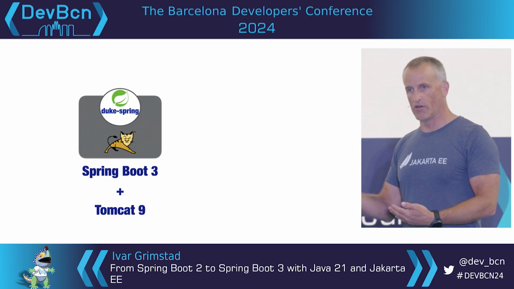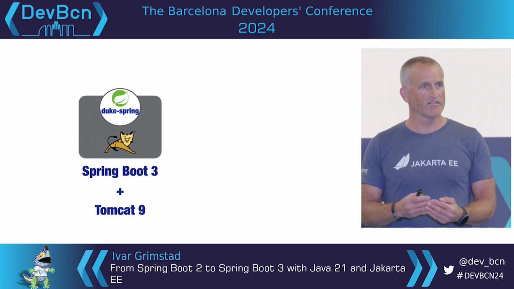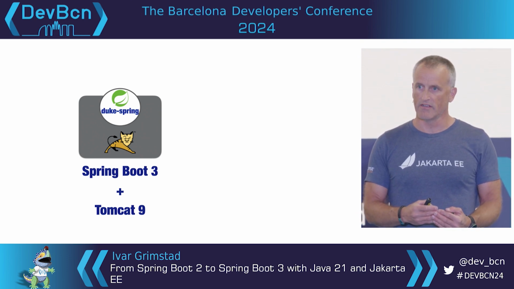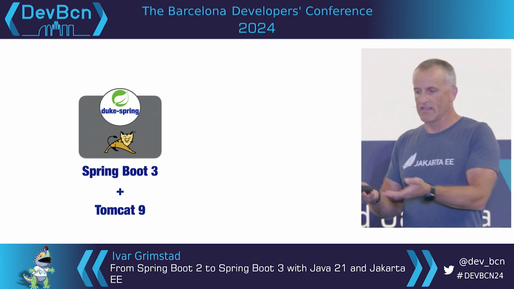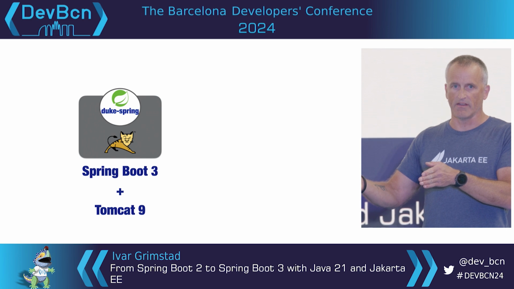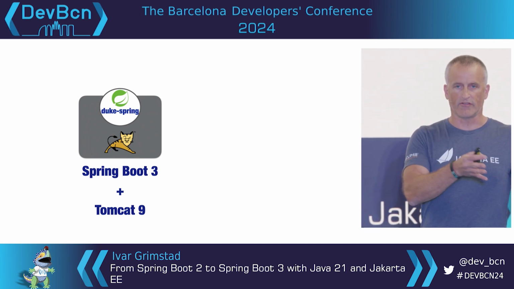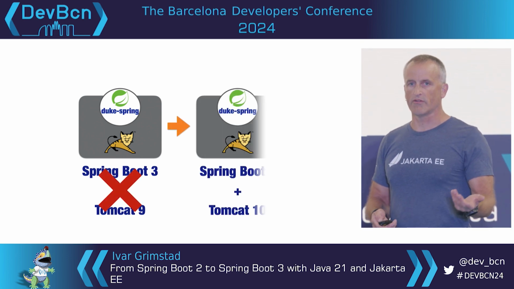It will deploy, it will start, there will be no errors whatsoever, but it probably won't do what you think it would do. Because what Spring Boot 3 has in its codebase is a Jakarta namespace servlet API, whereas Tomcat 9 is looking for a javax servlet. So it won't do what you think it would do.